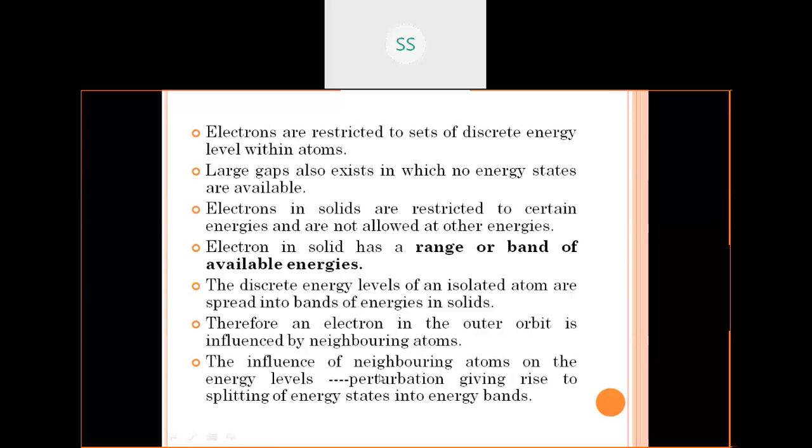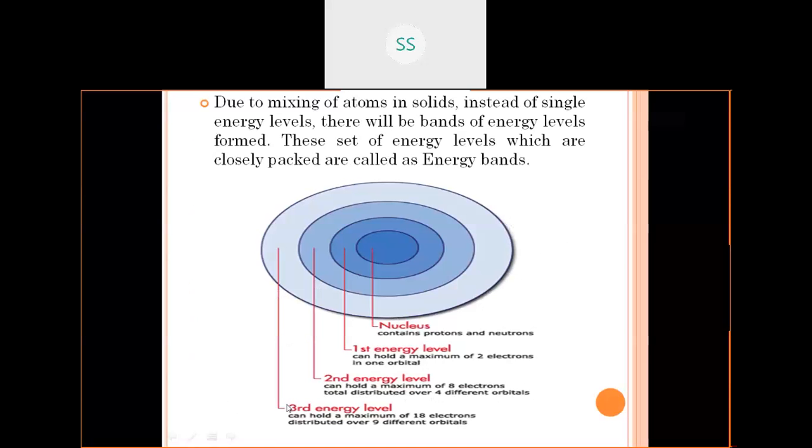So the influence of neighboring atoms on the energy levels causes a perturbation or disturbance, which in turn gives rise to splitting of the energy states. And when the energy states split, they form what is known as energy bands.